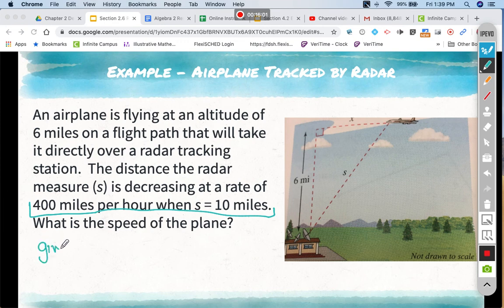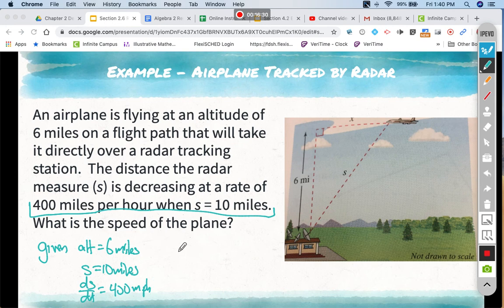Let's see, we're given the altitude is 6 miles. We're given that s equals 10 miles. And we're given ds/dt equals 400 miles per hour.